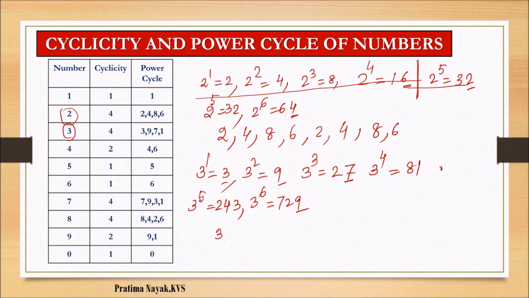So the power cycle is 3, 9, 7, 1, then 3, 9, 7, 1 again, and so on. The cyclicity is 4. After 4 it is repeating.